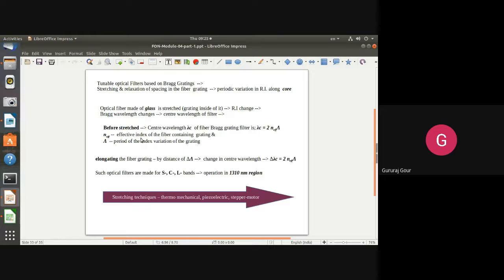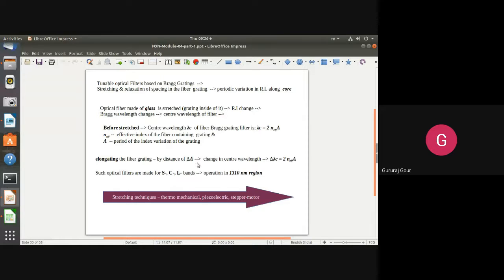N effective means the effective refractive index of the fiber containing the grating. Zeta indicates the period of the index variation of the grating. So before stretching, it is waiting for wavelengths closer to this lambda c, that is equal to 2 n effective zeta.